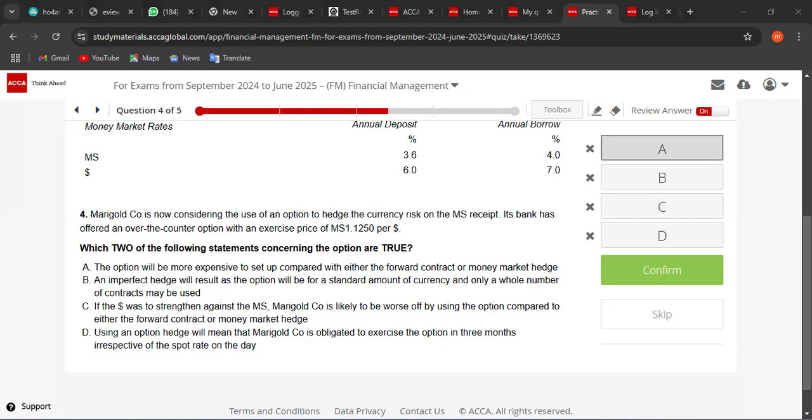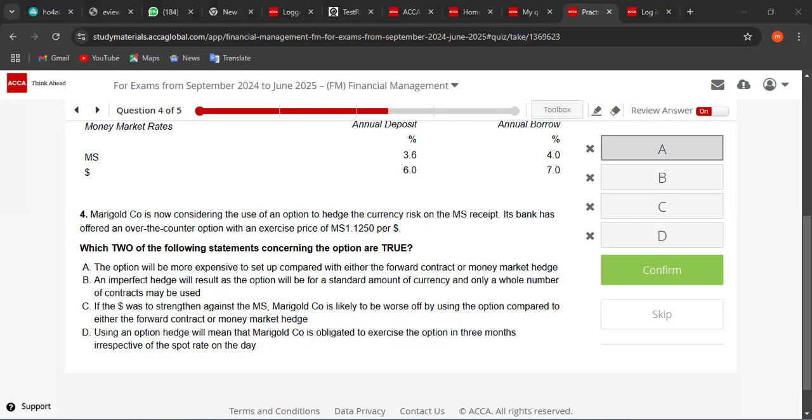So guys, see the exercise. This was a receipt. So when the dollar is going to be strengthened, M company is likely to be worse off by using the option.